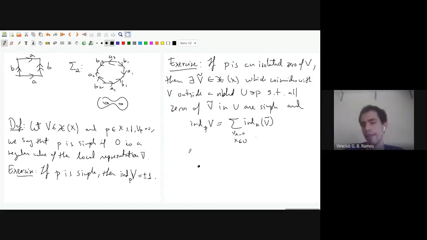Let me draw a picture. If I have a 0 of a certain index, I don't know, let me draw my nice index 2 zero. Then the exercise is saying I can perturb my V. So if I do a little perturbation, but just in a neighborhood U, outside U, I keep V constant. And now this one zero is going to transform itself into two zeros.